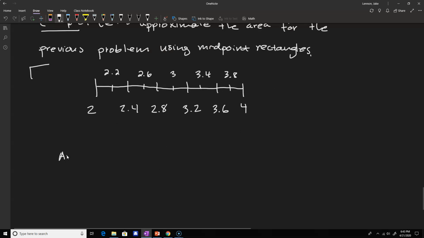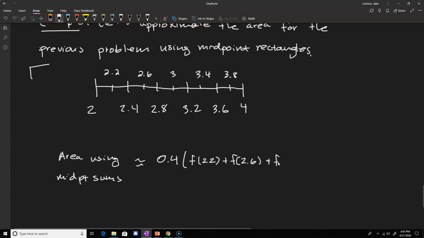So now my area using, let's say, midpoint sums is 0.4 times f of 2.2 plus f of 2.6 plus f of 3 plus f of 3.4 plus f of 3.8.